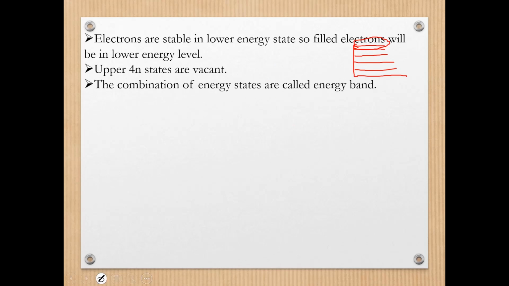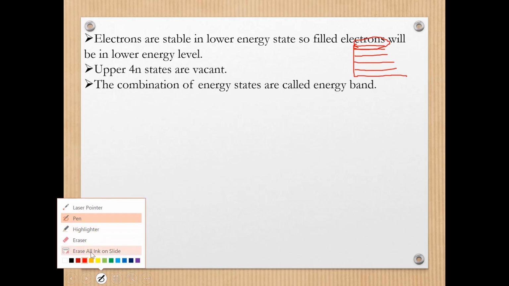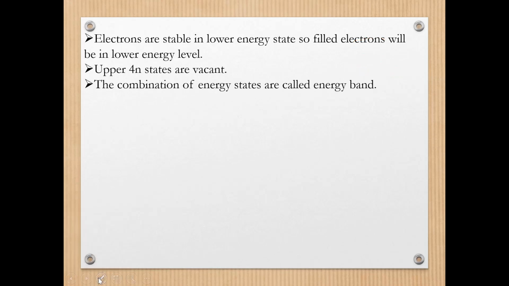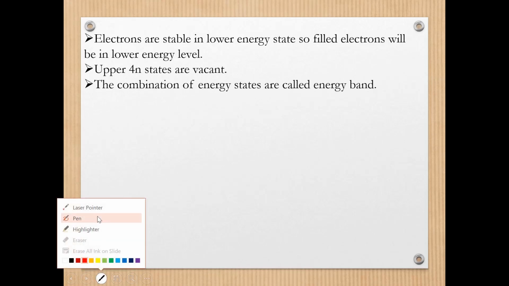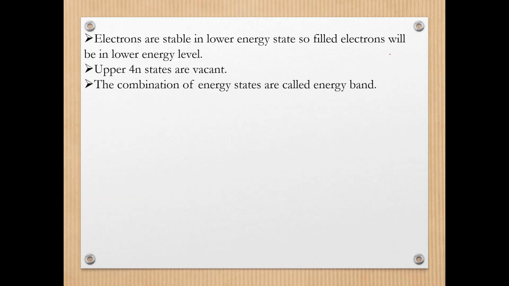So for a general solid, the 8n energy states are now divided into 4n energy states, which are filled by the 4n electrons.